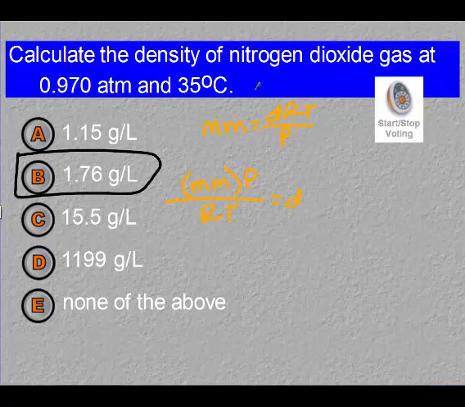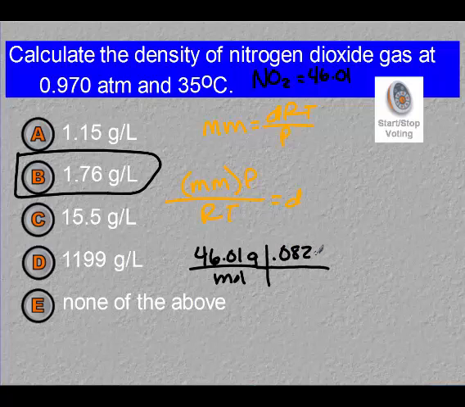Nitrogen dioxide is NO2, which has a molar mass of 46.01. Your R, our pressure is 0.970, and that's atm.